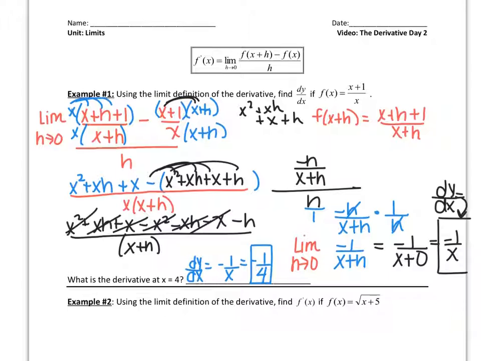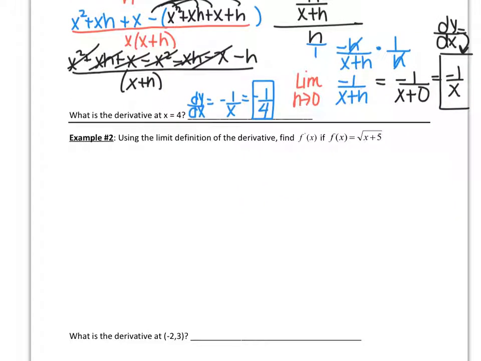Okay, let's see if we can try a different example. So again, we're going to start by writing the formula. So we have the limit as h approaches 0, and we need to find f of x plus h. Every time I see an x, I'm going to put an x plus h. So x plus h plus 5.